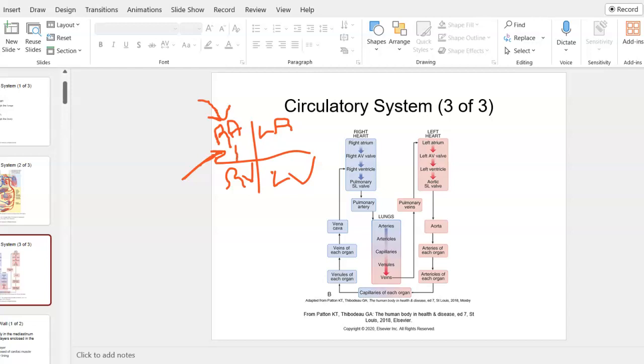They pass through the tricuspid valve into the right ventricle. They leave by the pulmonary trunk, which splits into the pulmonary arteries and go out to the lungs.